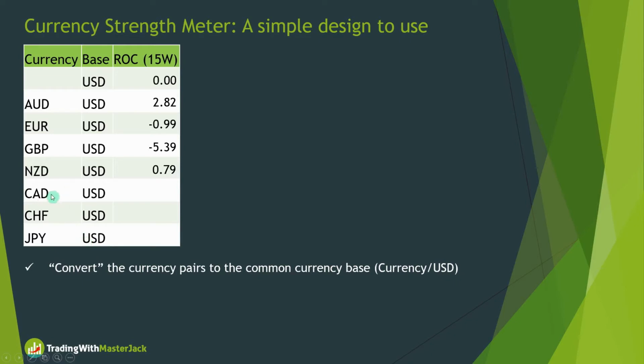Now I know we don't get a Canadian USD pair, but for the sake of the calculation of this currency strength meter, we swap them around. But now how do we calculate their rate of change? Very simple. We go back to TradingView, and there you will see we can actually call up a chart like that.